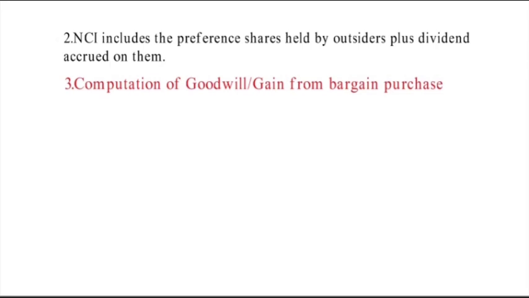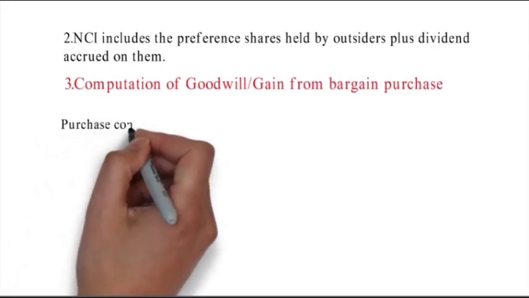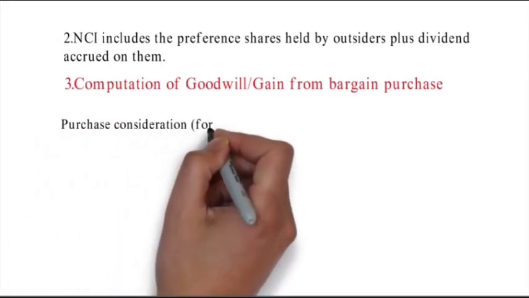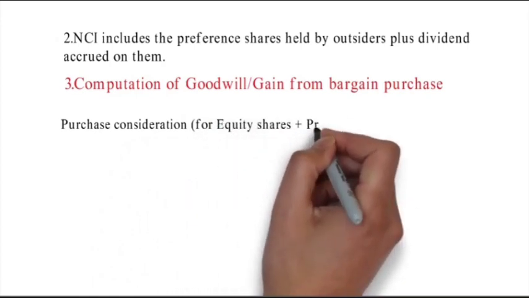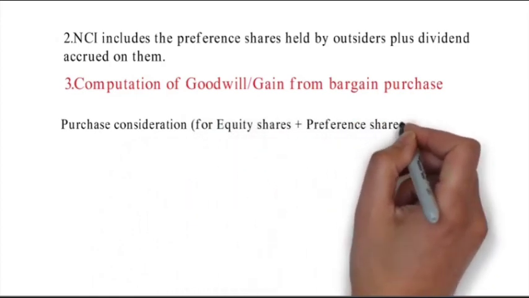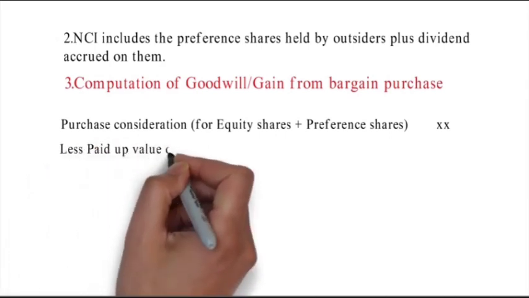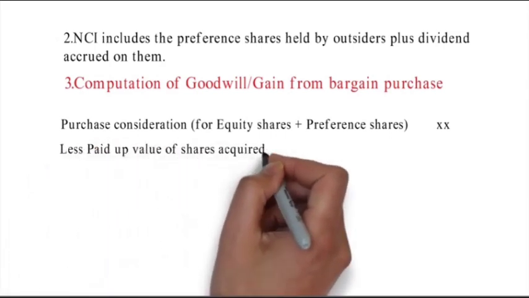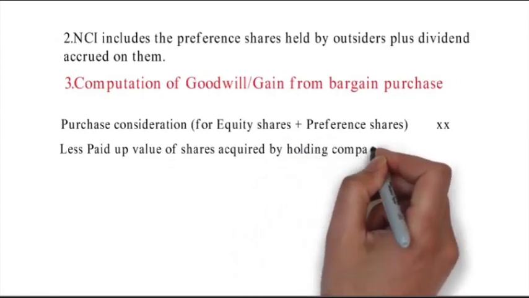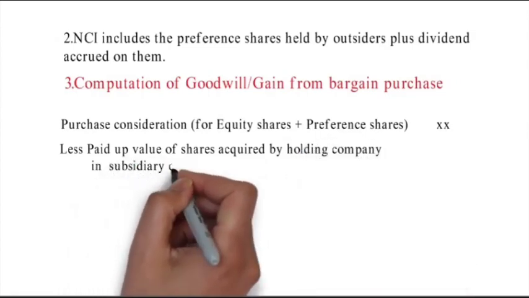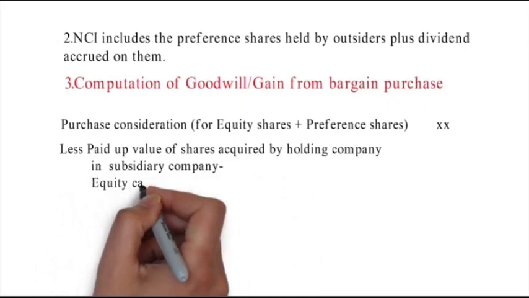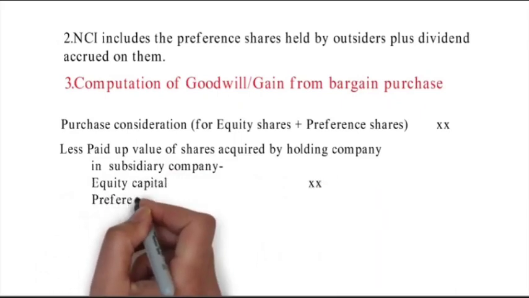So our format: purchase consideration for equity shares plus preference shares, amount shown in outer column. From that purchase consideration, we deduct paid up value of shares acquired by holding company in subsidiary company, equity share capital and preference share capital.